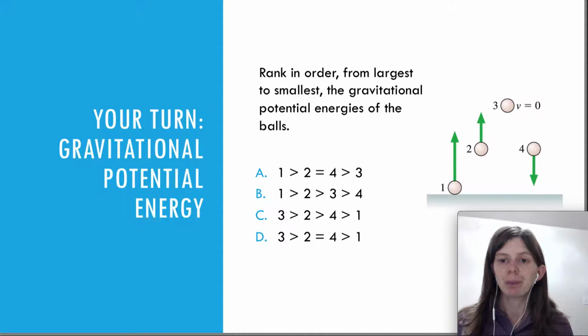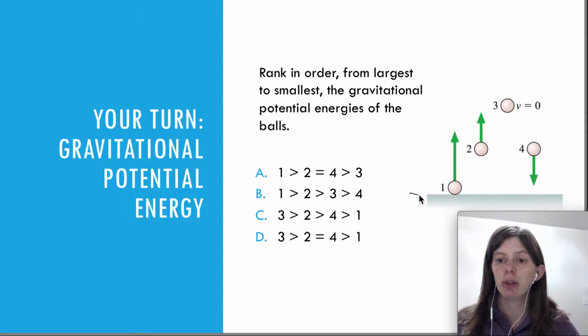So let's do a your turn here. Rank in order from largest to smallest the gravitational potential energies of the balls. Now this one is trying to trick you a little bit because you see arrows here, but these arrows represent the velocity, and your velocity has nothing to do with your gravitational potential energy. That just depends on the height.